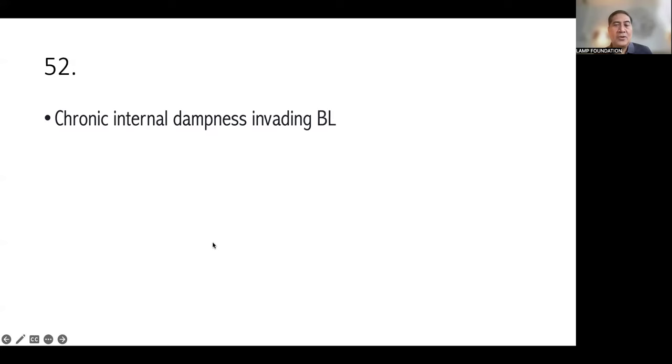What about chronic internal dampness invading the bladder? The tongue is sticky at the root. The pulse is also soggy. Urination is difficult with slight or no pain. Cloudy urine. Yes, very damp.